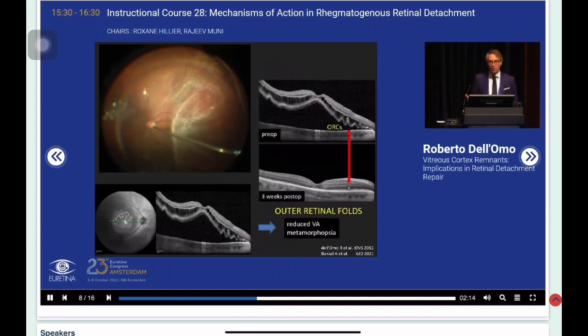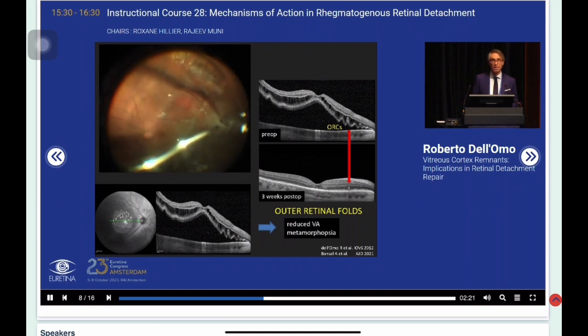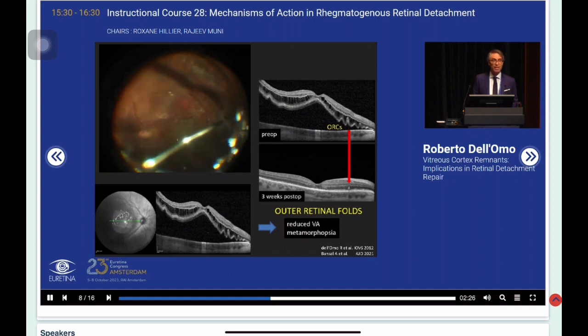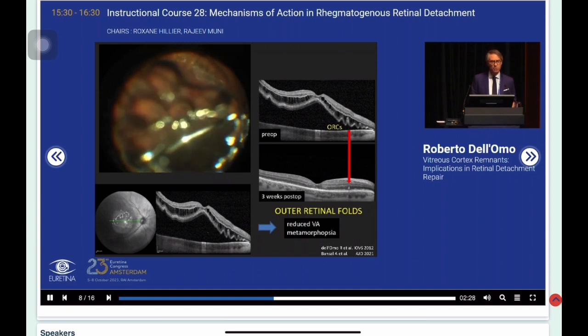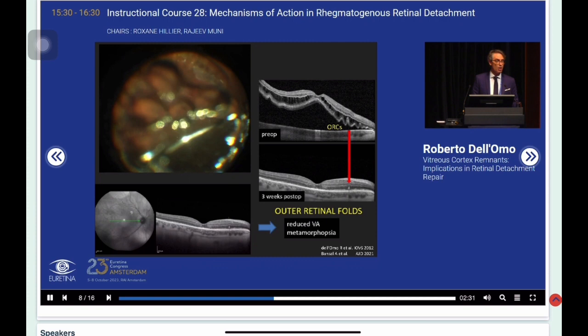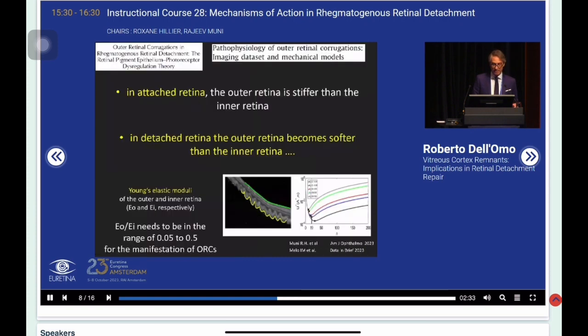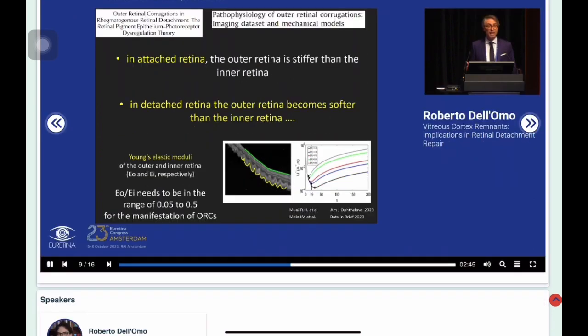We know that outer retinal folds form in correspondence of outer retinal corrugations, and some surgical technique like vitrectomy can favor the formation of outer retinal folds because we force the retina to reattach using PFCL or high-tension products like gas. We also know that the stiffness of the attached retina regarding the inner and outer layers is different from the stiffness and the elasticity of the outer retina and inner retina when the retina is detached.